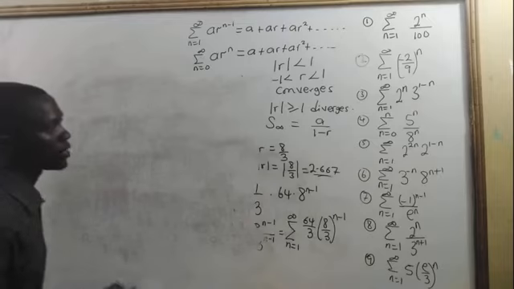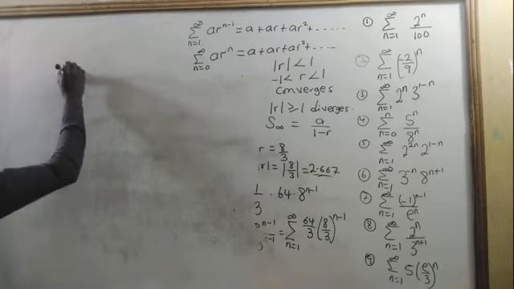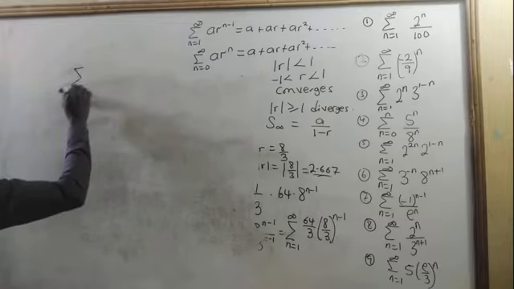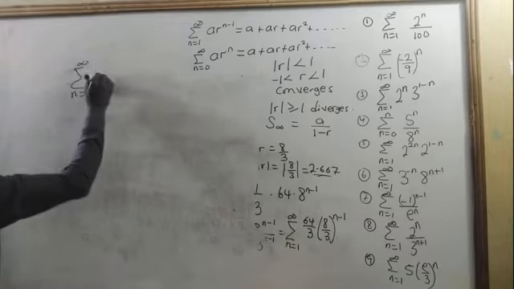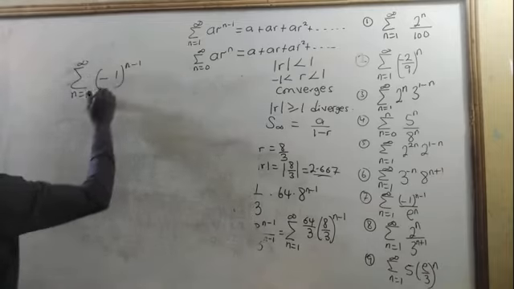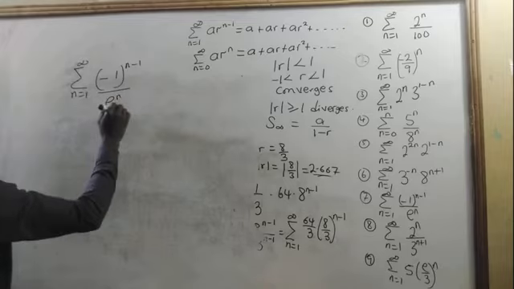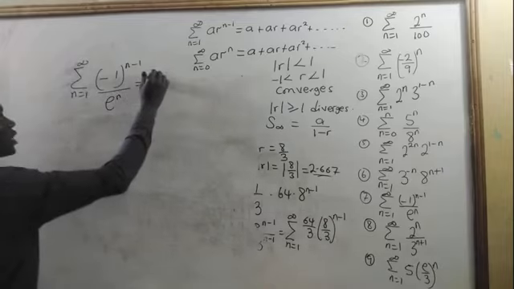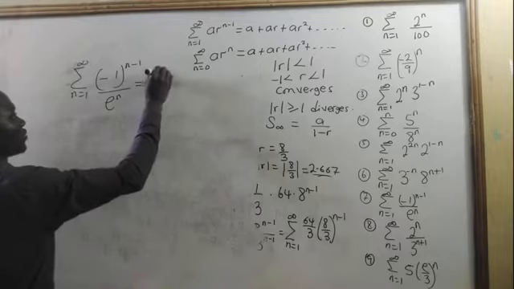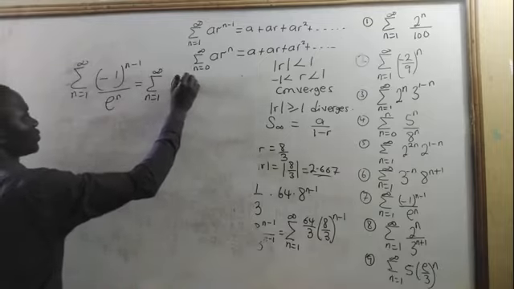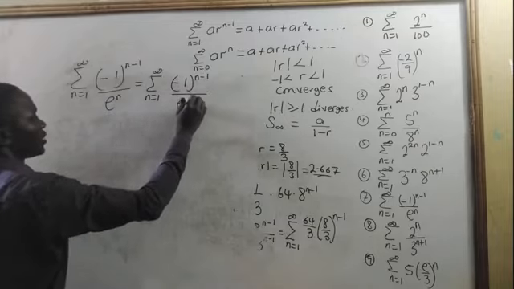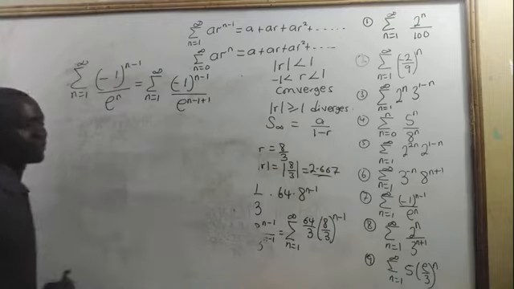Now, for that one, we have the summation from n equal to 1 up to infinity of negative 1 exponent n minus 1, all divided by e to the power n. This one is very simple. So we will take the summation n equal to 1 up to infinity, negative 1 to the power n minus 1, all divided by e to the power n, then we subtract 1 and add 1.